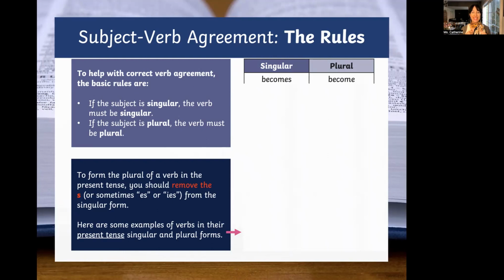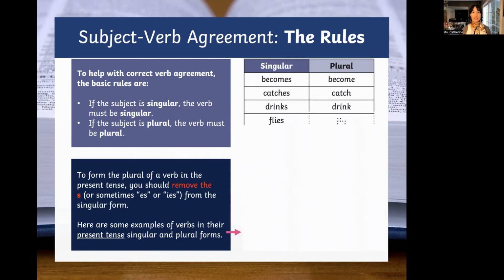She becomes, he becomes. Okay, they become, I become. That's the tricky one. Catches, catch. Drinks, drink. Flies, fly. Forgives, forgive.